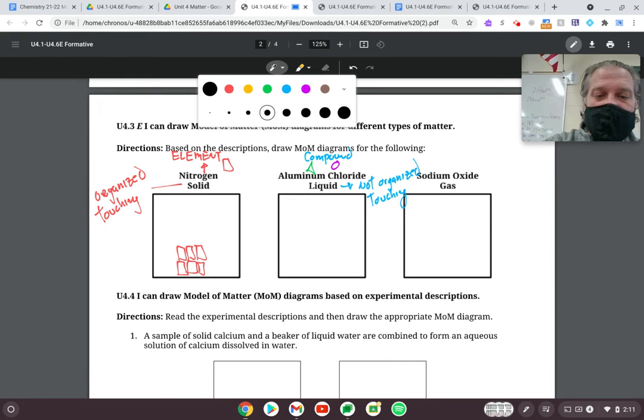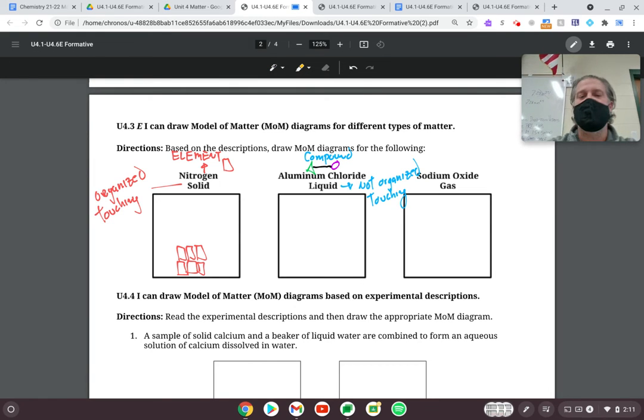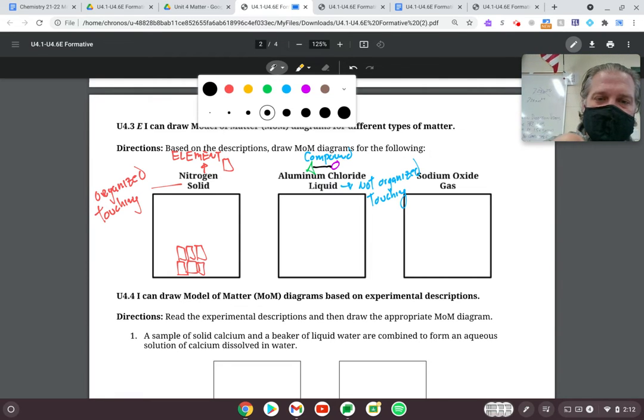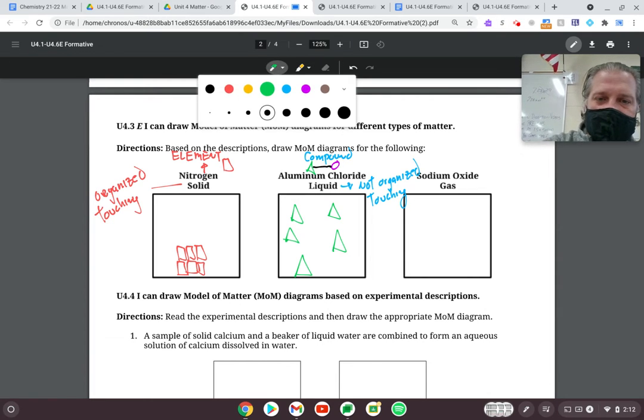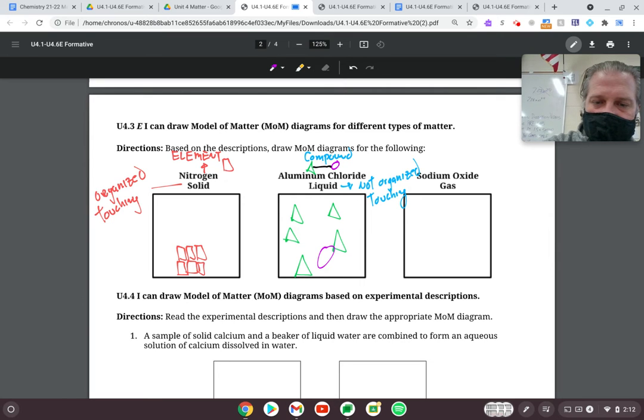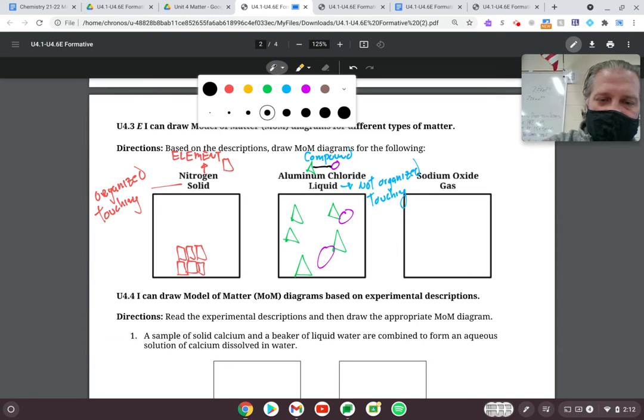And then we have to remember that when we draw compounds, they are bonded together with a line. So in this instance, I'm going to draw them as organized and touching as I possibly can. So you might have something like this. And then you might have something like this. Hang on, I'm getting ahead of myself here.